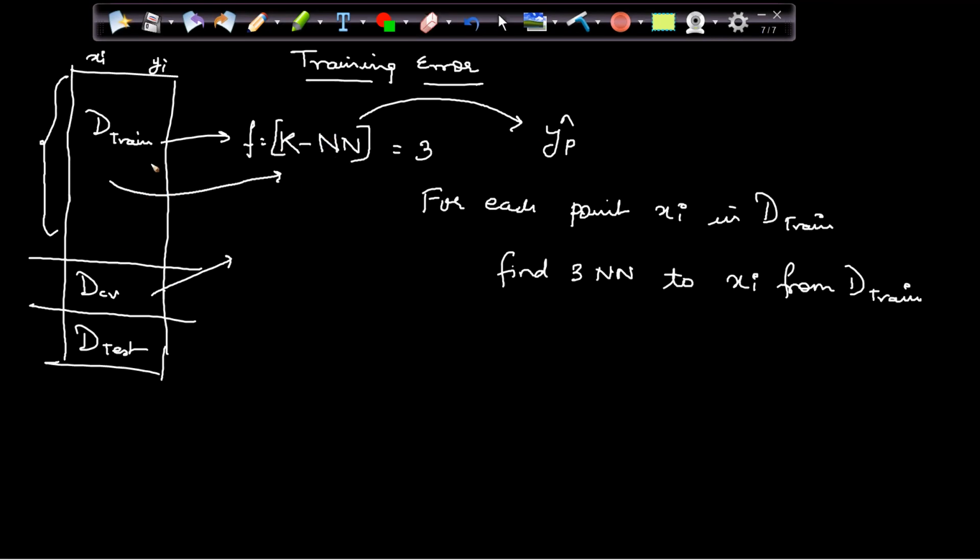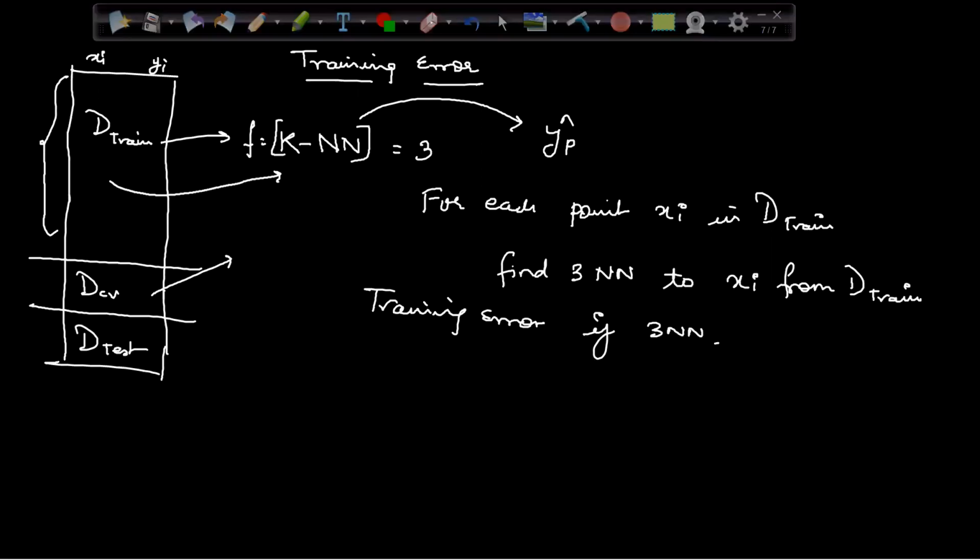I am getting some predicted value for D train, and then I am checking the output. It will have some error, right? That is known as the training error. If my model is 3NN, that is my training error, because I used my train data for creating the model, and I am using the train data itself to check the output, and whatever error I am getting is my training error.